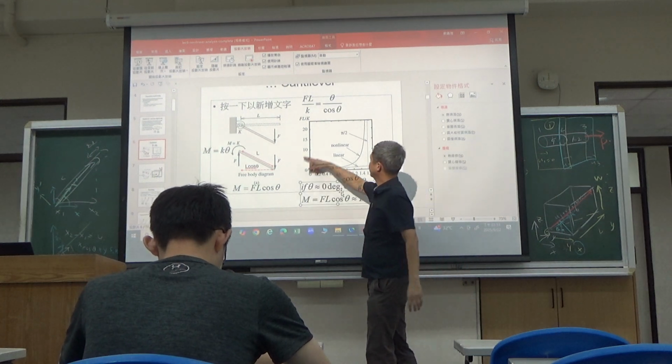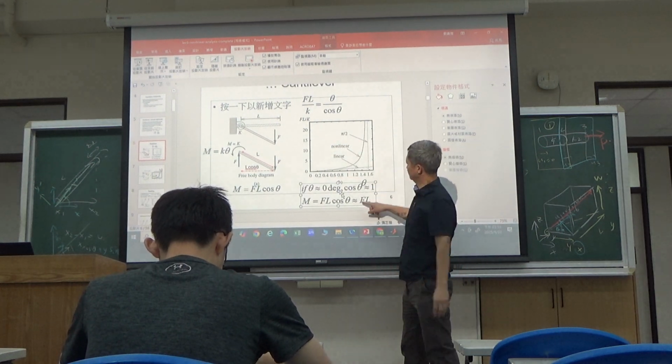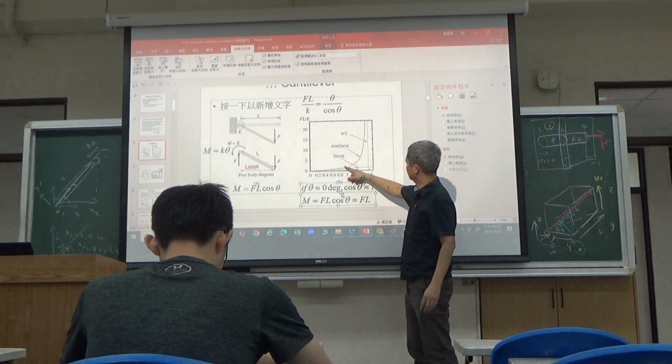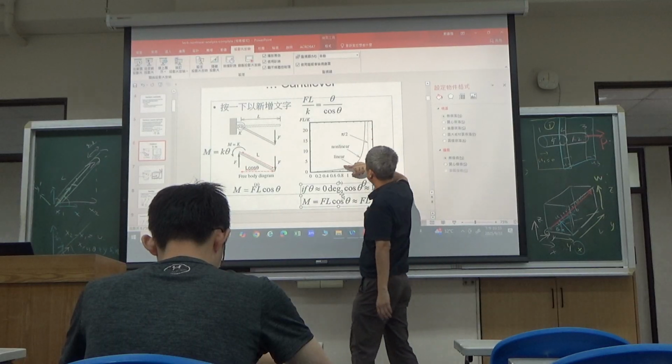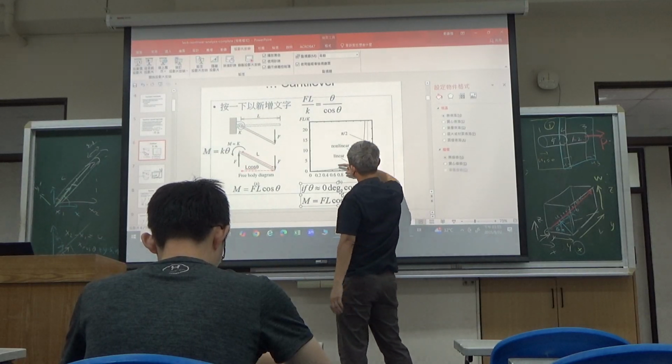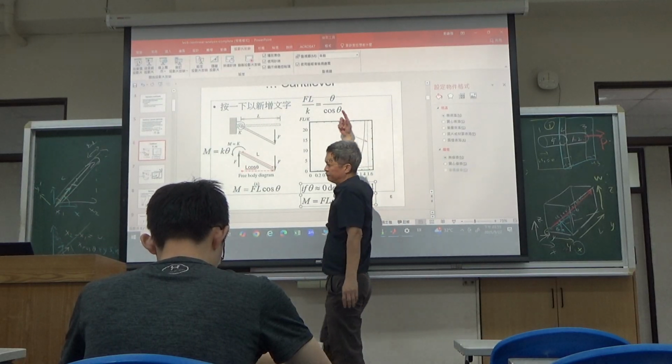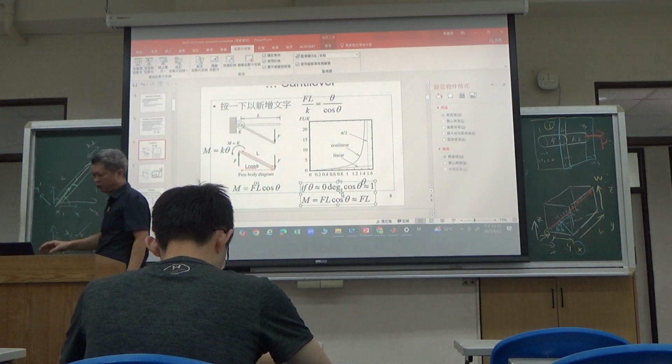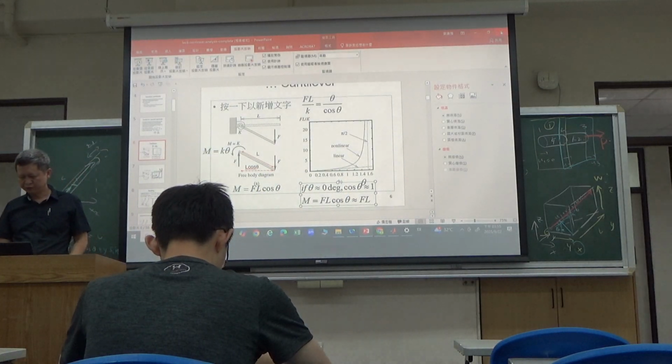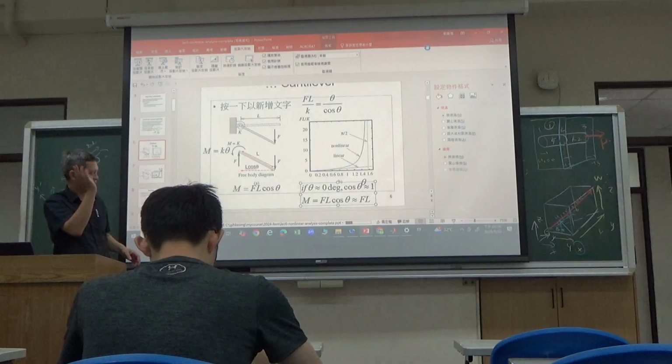But if you are not assuming small angle, you can see that the stiffness of the structure of the door hinge will go very high.